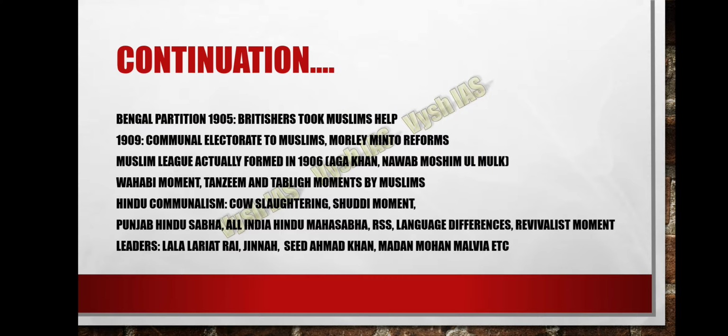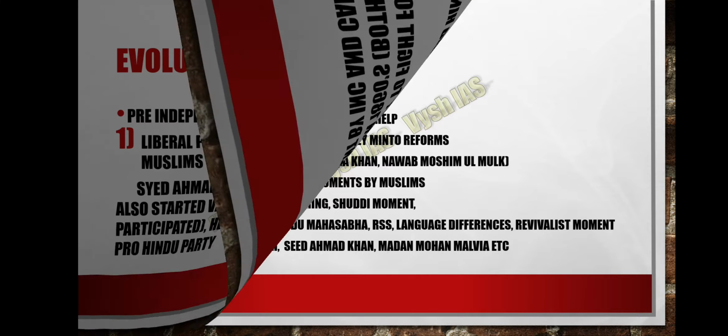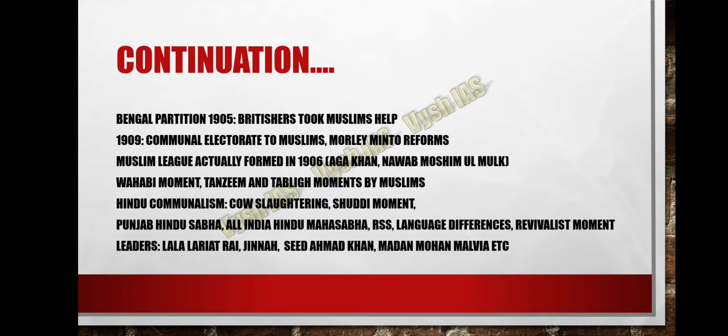In the year 1909, separate communal electorates were introduced for Muslims by the Britishers, and the Morley-Minto reforms took place. And the Muslim League was actually formed in the year 1906 by Agha Khan and Nawab Mohsin-ul-Mulk. They were motivated by Syed Ahmed Khan, who founded Aligarh University, because of his empowerment.